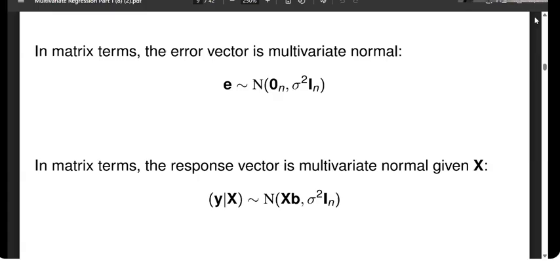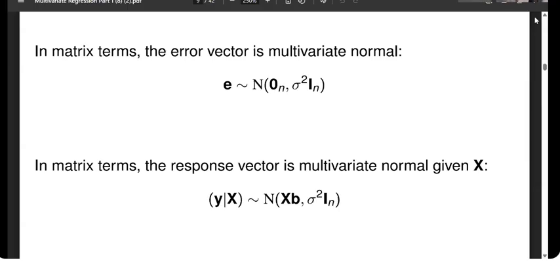When we had the model specified in a scalar form, I said the error must follow a normal distribution with a mean of 0 and variance sigma squared. And I said the implication of that is that the conditional distribution of the response given the predictors must follow a normal distribution with a mean, which is the systematic part of the model, and we still have a sigma squared.